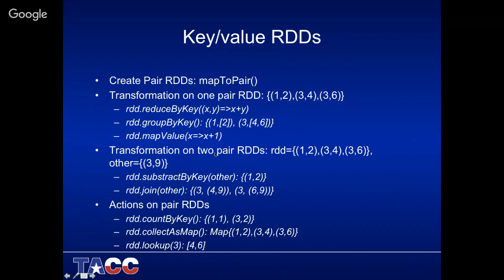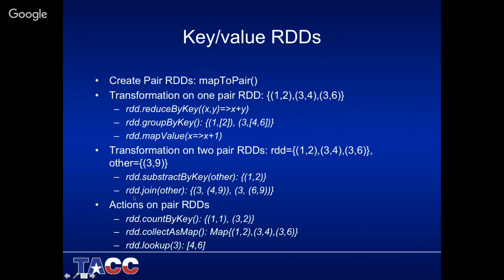And sometimes you have 2 RDDs. When you load 2 data sets into RDDs, you can do some operations with these 2 RDDs. Also, all those transformations are lazily evaluated. You have to remember, it does not do the computation. It just transforms the RDD into another one and then into another one, unless you do some actions. So when you use join, there's a first RDD called rdd, and the other variable called other.